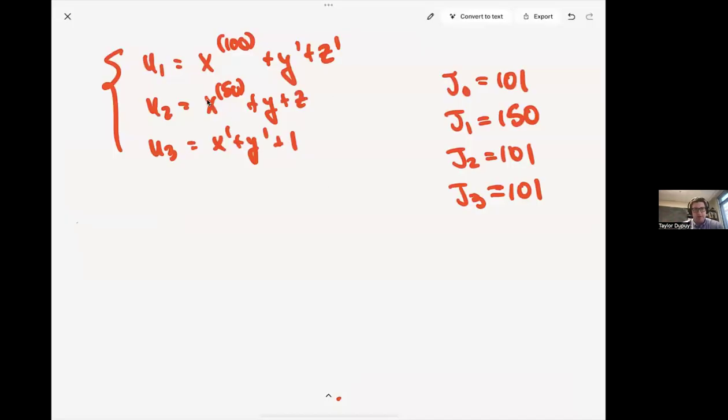If you look at trying to eliminate here, you have to take 50 derivatives of u2 and apply it to u1. When you take 50 derivatives here, it changes this first equation, and then the Jacobi bound will end up going up. So even in this linear case, it seems pretty bad to step through.